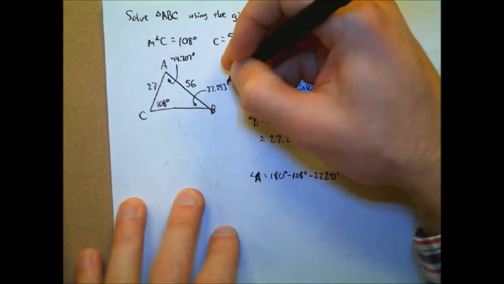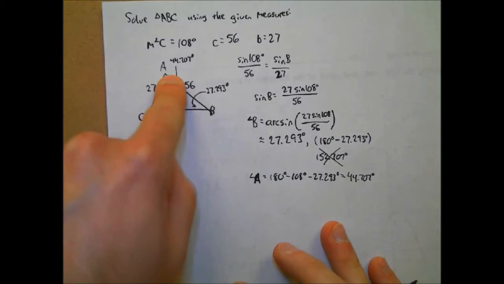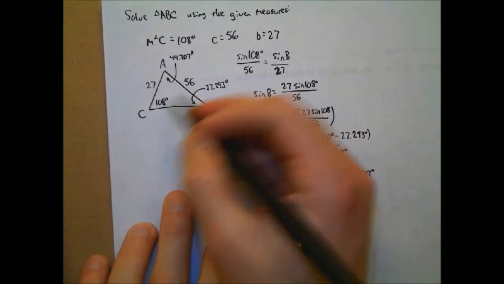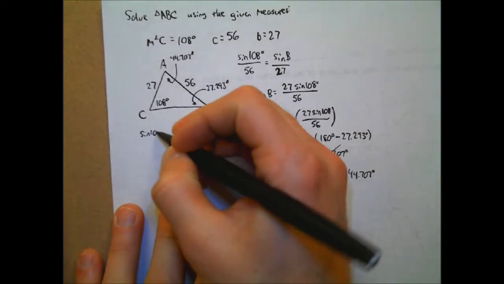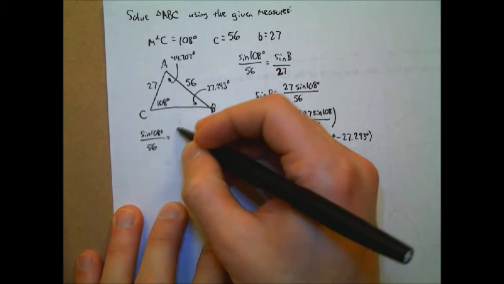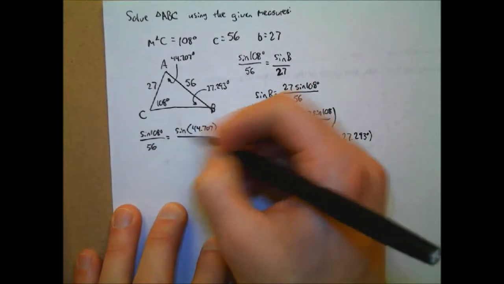Are we done? No. We have to find side a as well. And so in this case, we'll just use another law of sines. I'm going to stick with sine of 108 over 56, and then sine of 44.707 over little a. Cross multiply and solve here.